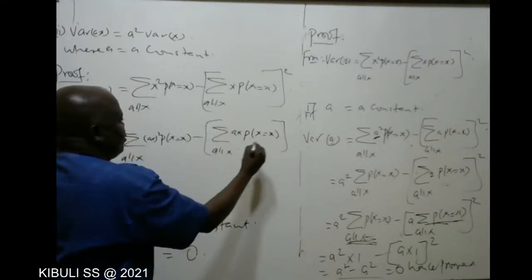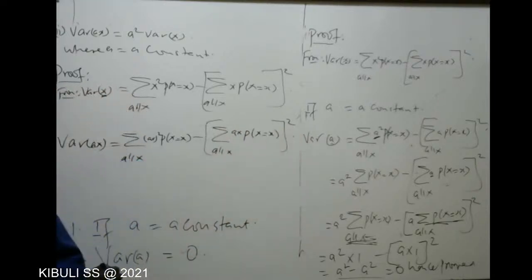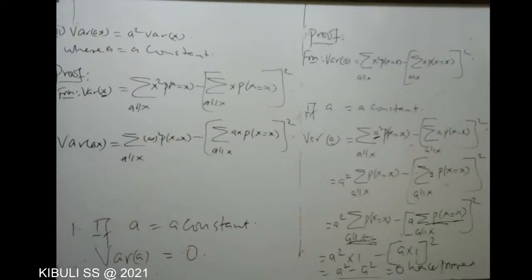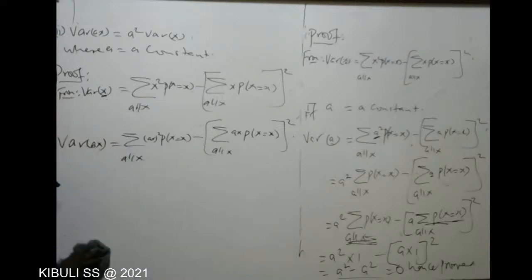This one is supposed to be what? Squared. Now, when we square this one, we shall get a squared x squared. Be aware of those basics of our algebra.